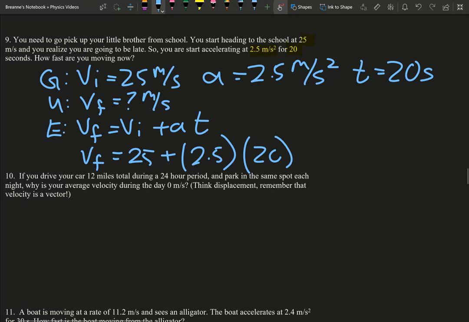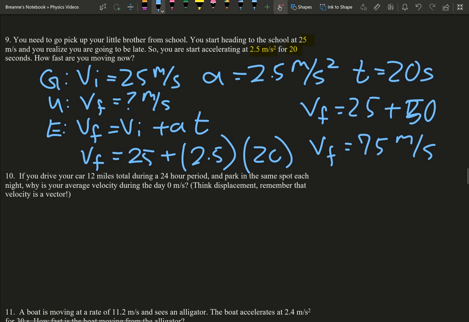So you get 50. So you get that your final velocity equals 20 plus 50. And then you just add, so you get 70 meters per second. So you're going pretty fast.